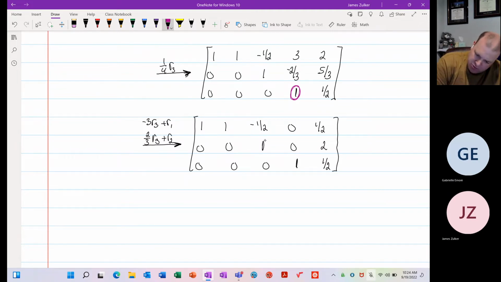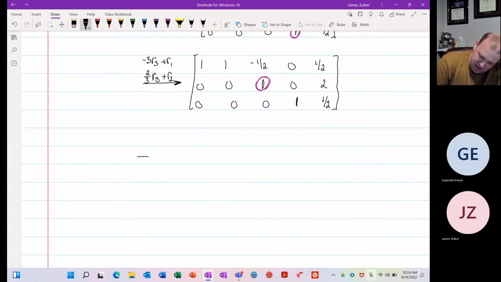Move up to row 2. There's our leading one. We now just want to zero out all the entries above it. That's 1/2 row 2 plus row 1.